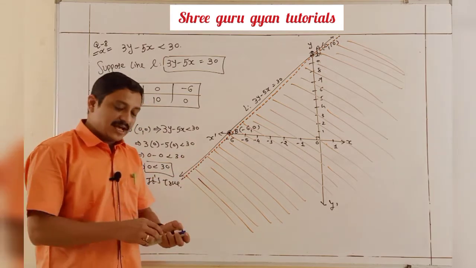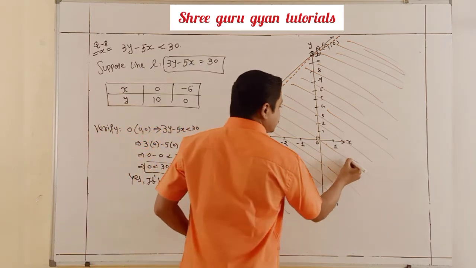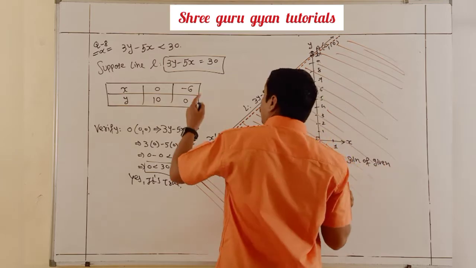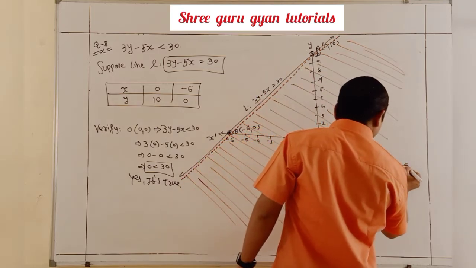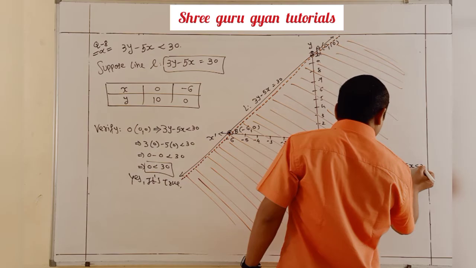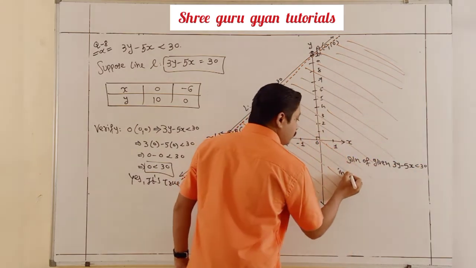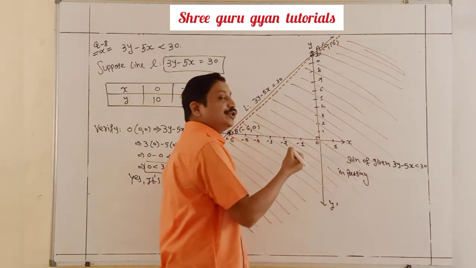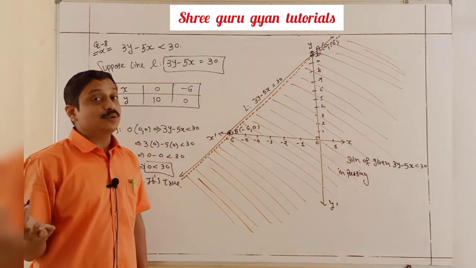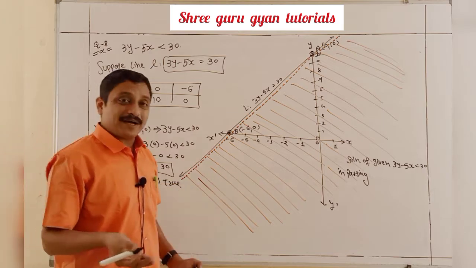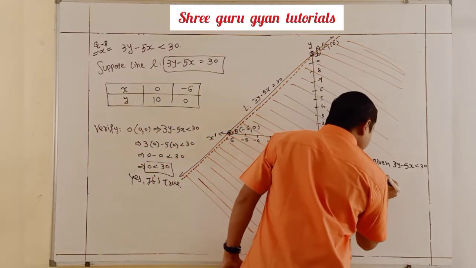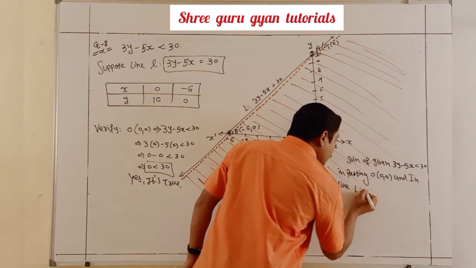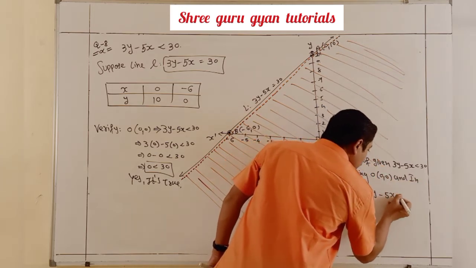And at the last I write down the solution of the given inequality 3y minus 5x less than 30. Check: origin is passing through. Sometimes it is not passing through, then you write down not passing through. Here it is passing through O (0, 0), and line L is 3y minus 5x equal to 30.